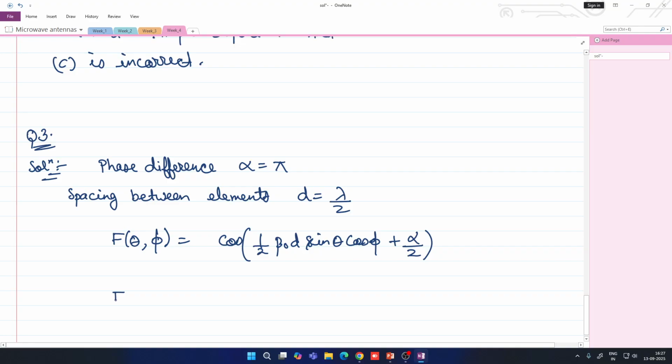So in the problem it's given as 1 by 2, and beta naught is 2 pi by lambda, and d is given as lambda by 2, times sin theta cos phi, and the phase difference is given as pi, plus pi by 2.